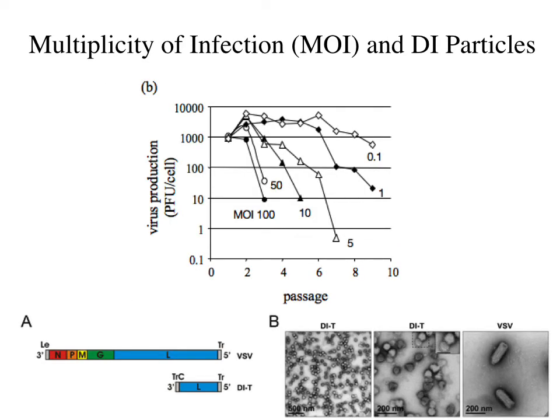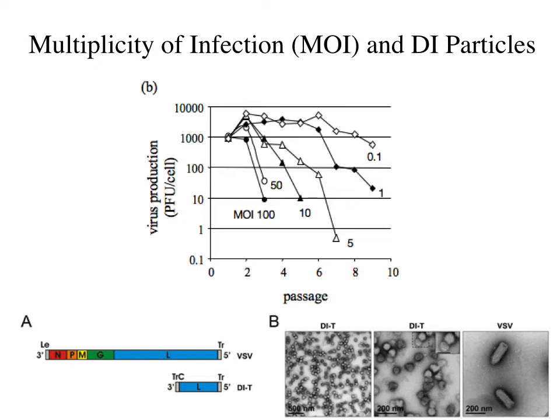A characteristic feature of DI particles is their emergence and outgrowth during high multiplicities of infection, or MOI, where numerous copies of the standard virus infect each host cell. Under such conditions, predator DI particles can productively interact with prey cells infected with standard virus.